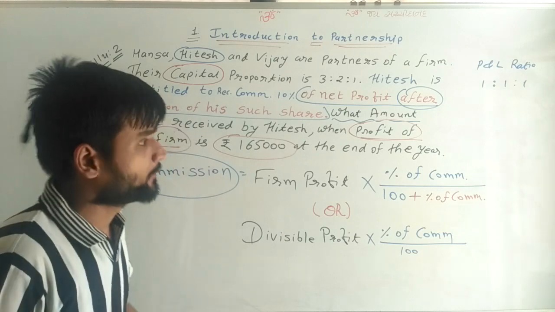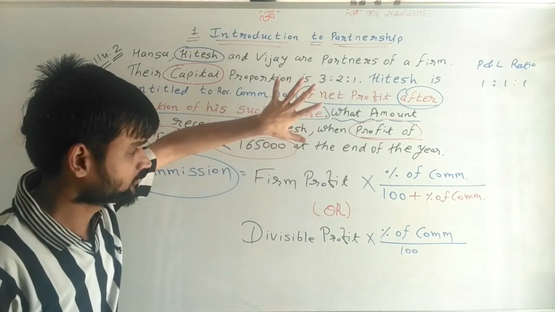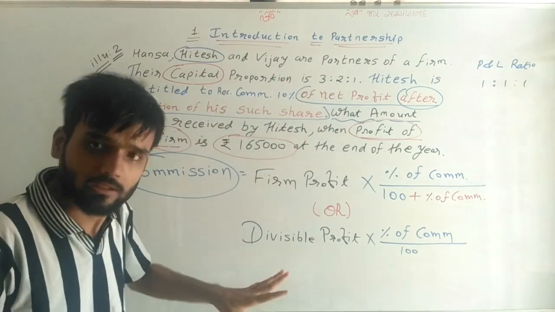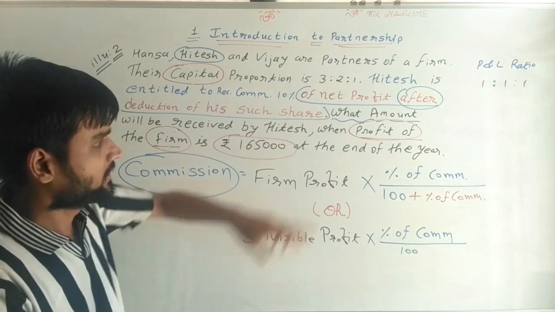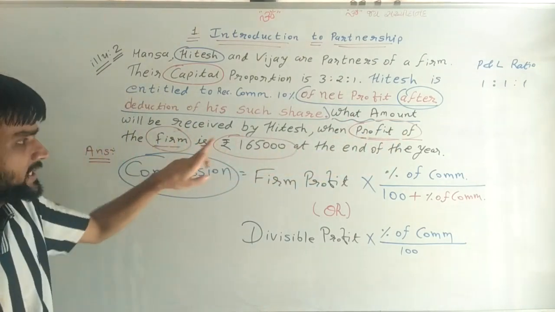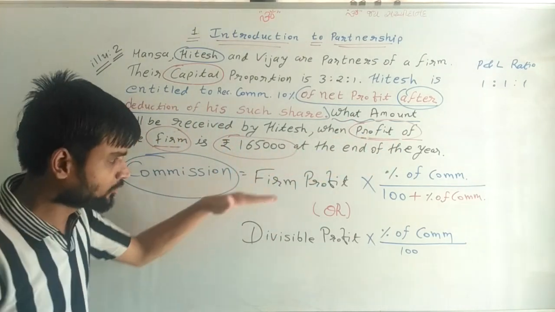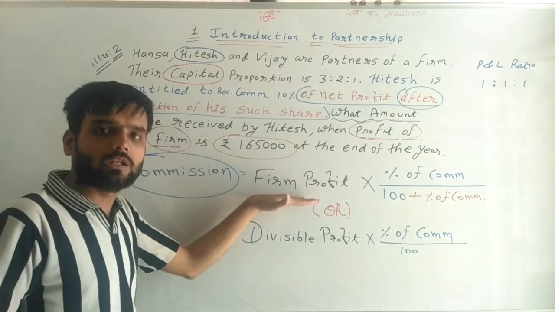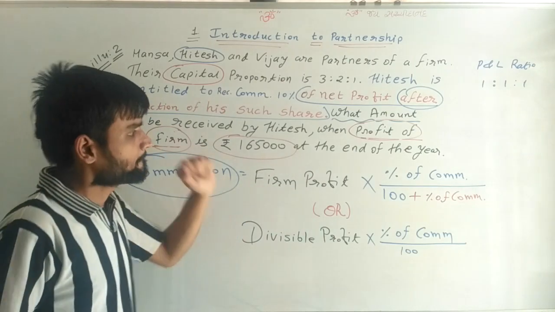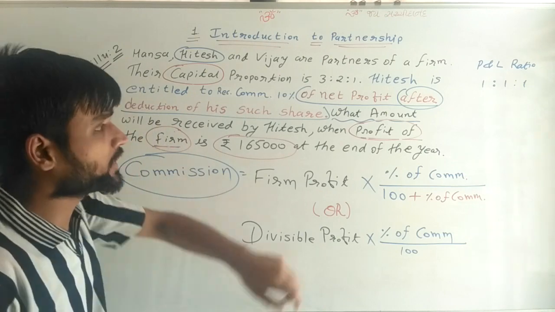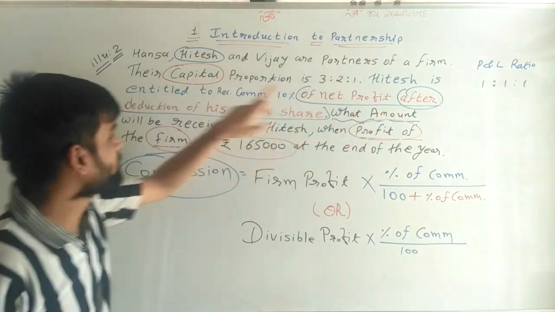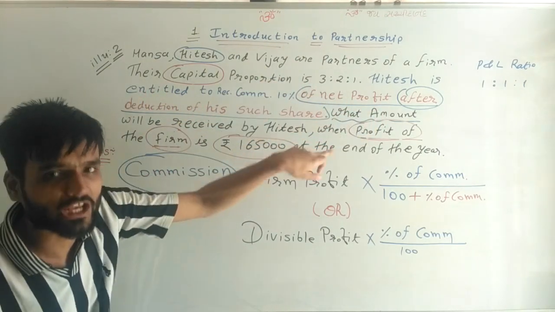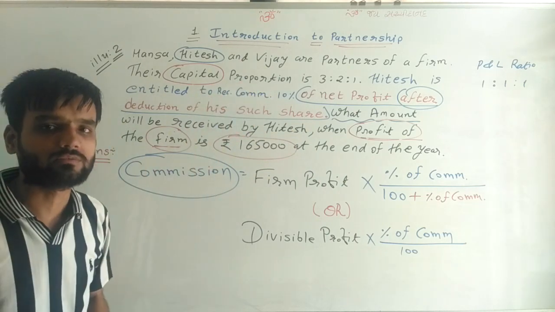First of all, in the question, the firm's profit is available, that is clear. Yes, the profit of the firm is 1,65,000 rupees. So the first formula is applicable. Second thing also given: profit after deduction of his such share is given as a commission.